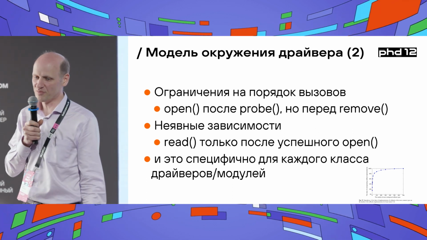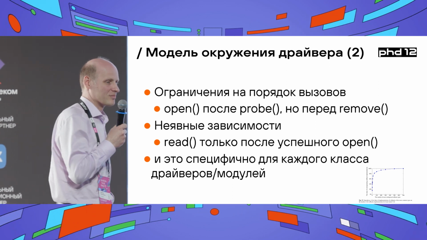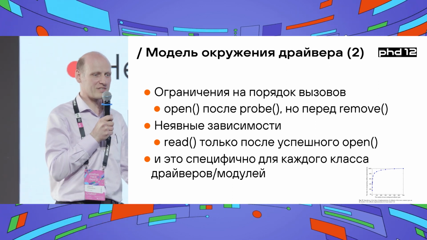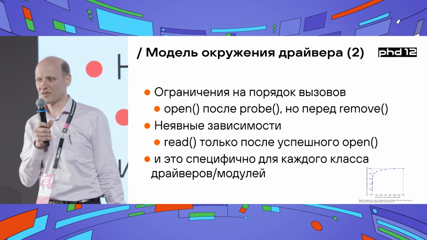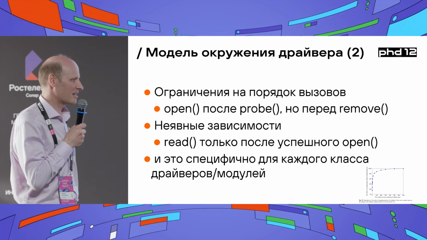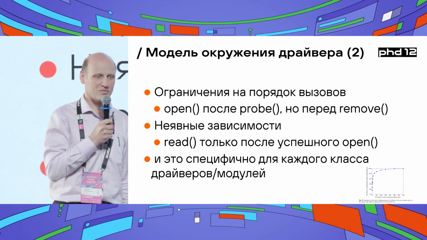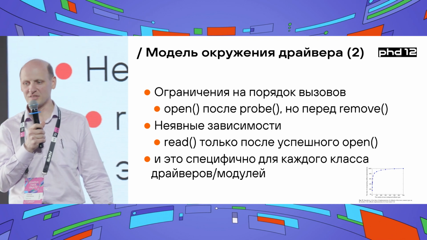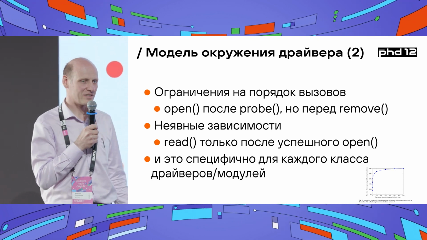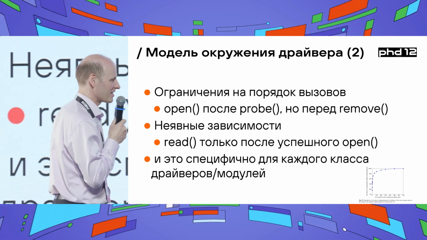For example, you don't call the functions at random. There are different, not always obvious dependencies. One function should work 100%, and only then can you call the other one. And each type of driver in the kernel has its own specifics here.